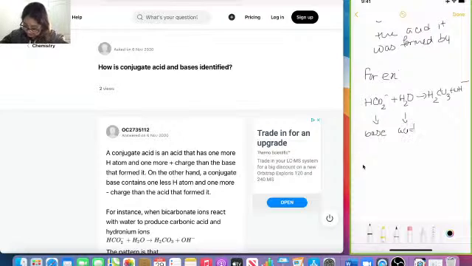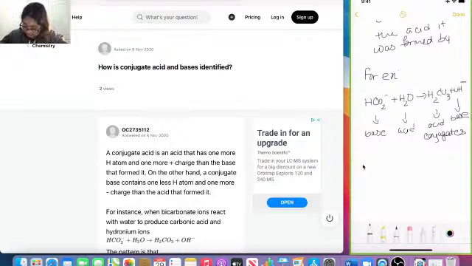And so what you get here is your acid, because this contains one more H atom than your base. So this is your conjugate, and this is your base.